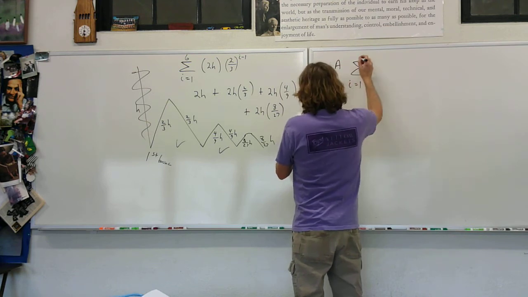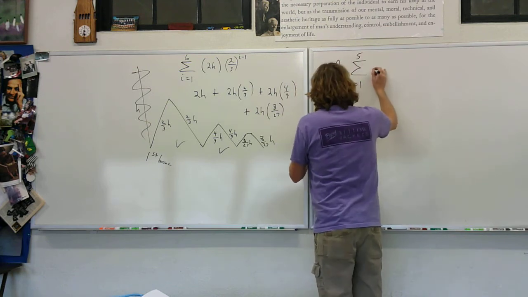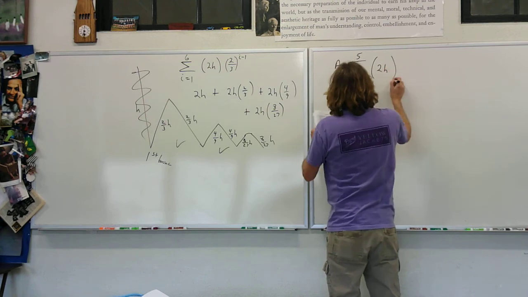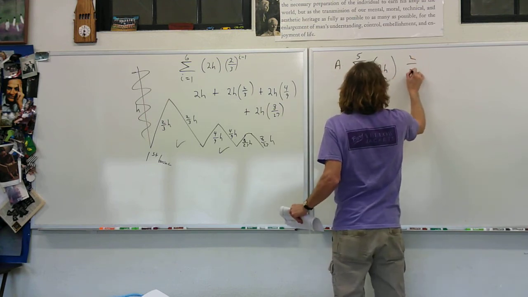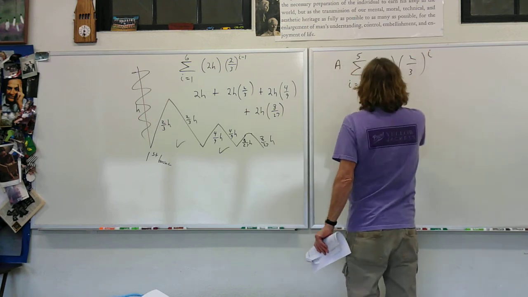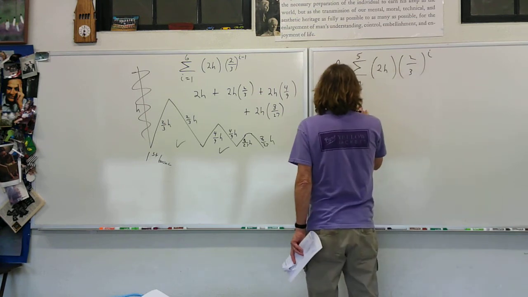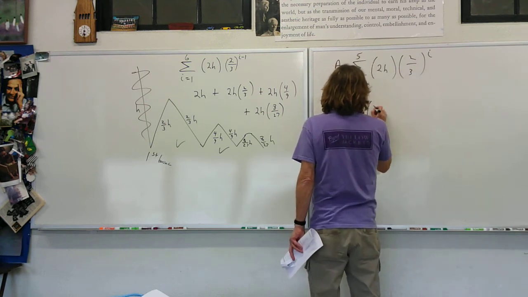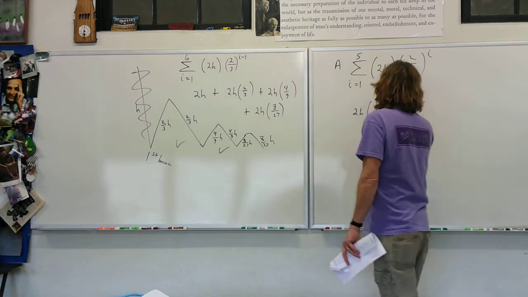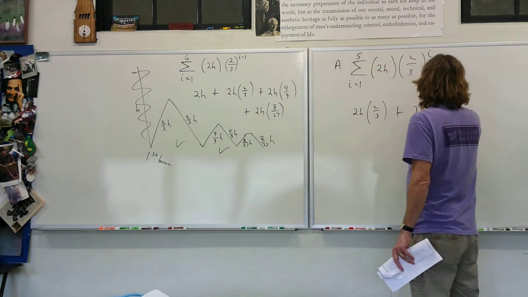I equals 1 to 5, 2h, and then 2/3 to the I. Okay, so I put a 1 in there and I get 2h times 2/3, plus, I put a 2 in there, I get 2h times 4/9.